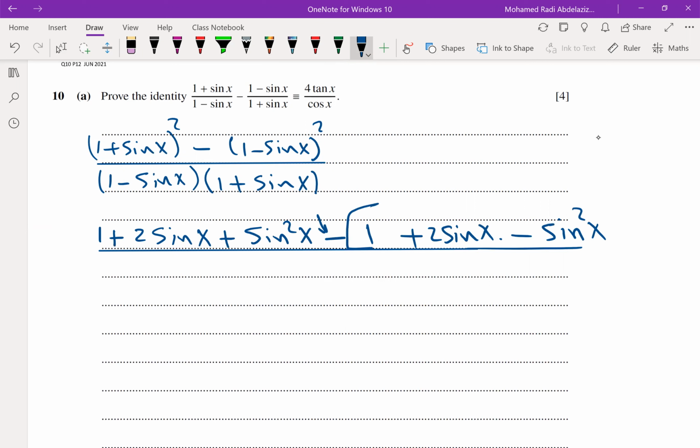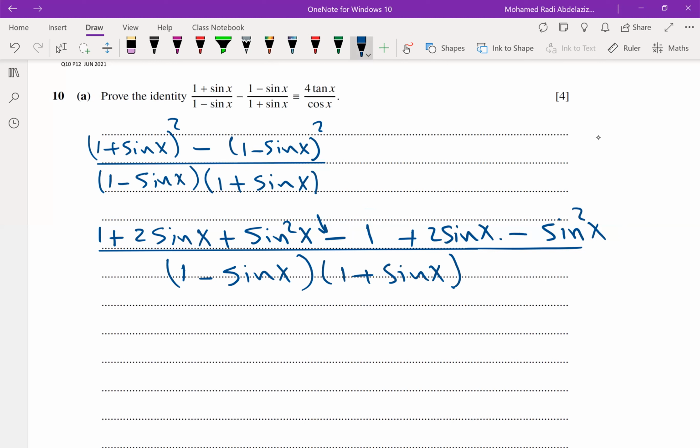Or you can write it like this, between brackets: first squared, minus first by second by 2, plus, then we have a negative sign, so you have to change the sign. 1 will be -1, negative will be positive, positive will be negative, divided by 1 minus sine x multiplied by 1 plus sine x.